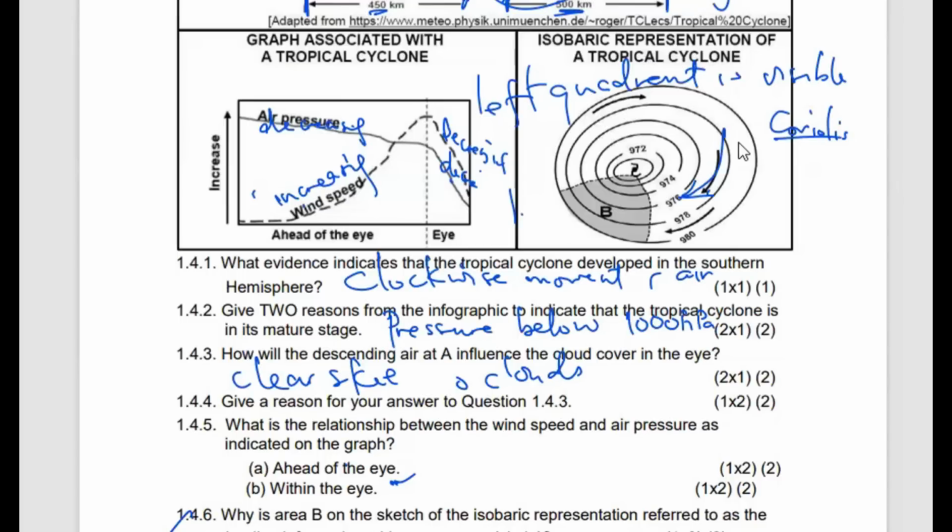So there is also a deflective effect happening in the same area. Winds are being deflected to the left. At the same time, the winds are circulating in the same direction in this quadrant. The circulation is going in this direction, while the deflective effect is also going in the same direction. So the combined effect of the Coriolis deflection with the circulation of the system creates very strong winds in this area.